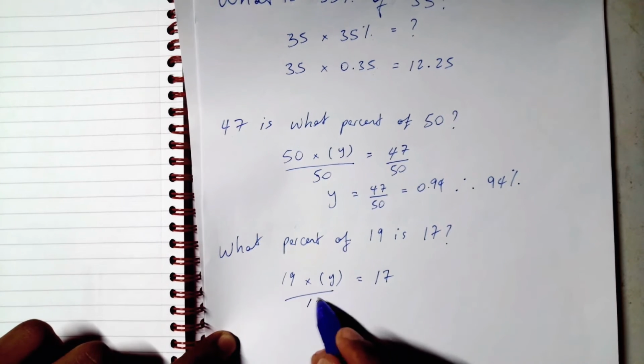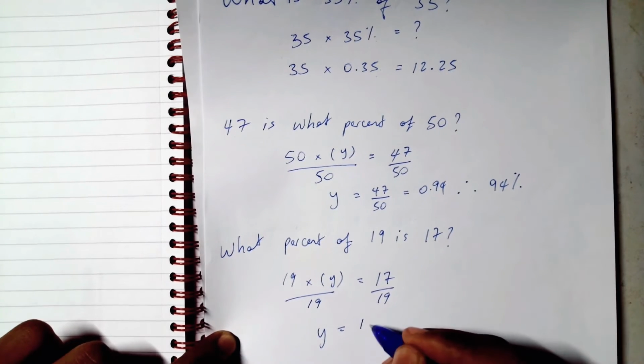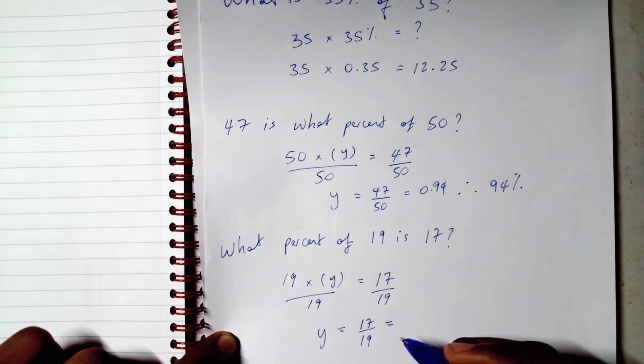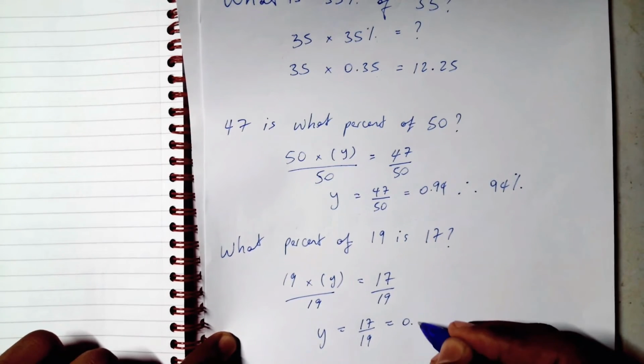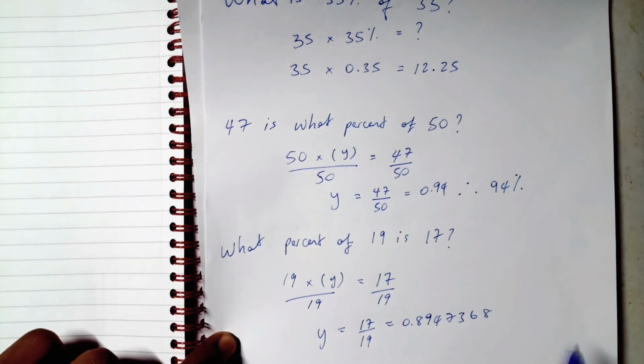Divide both sides by 19. y is equal to 17 over 19, which is equal to 0.894738.